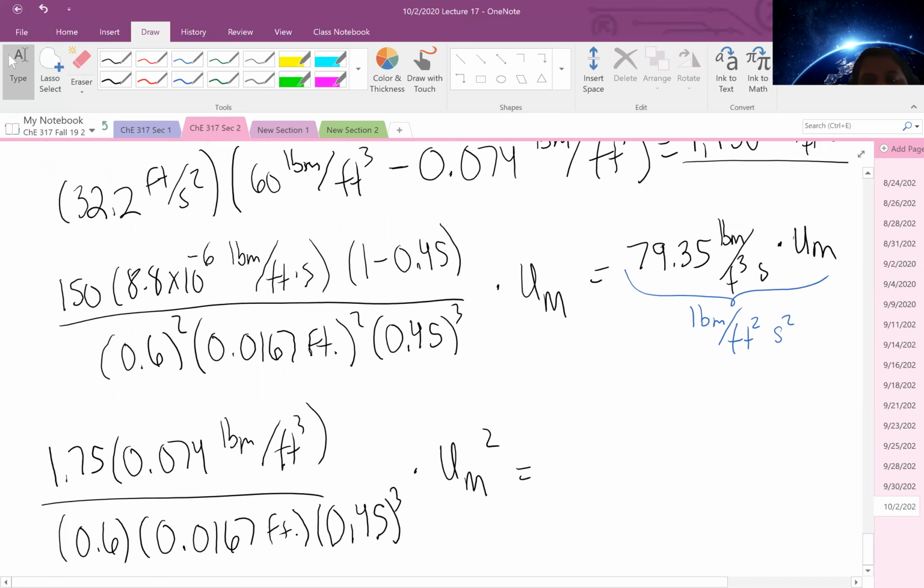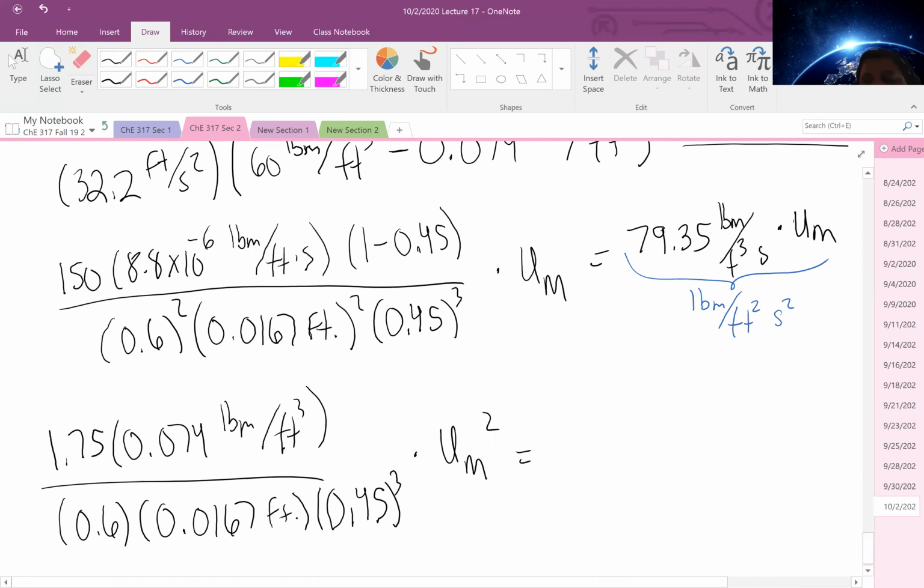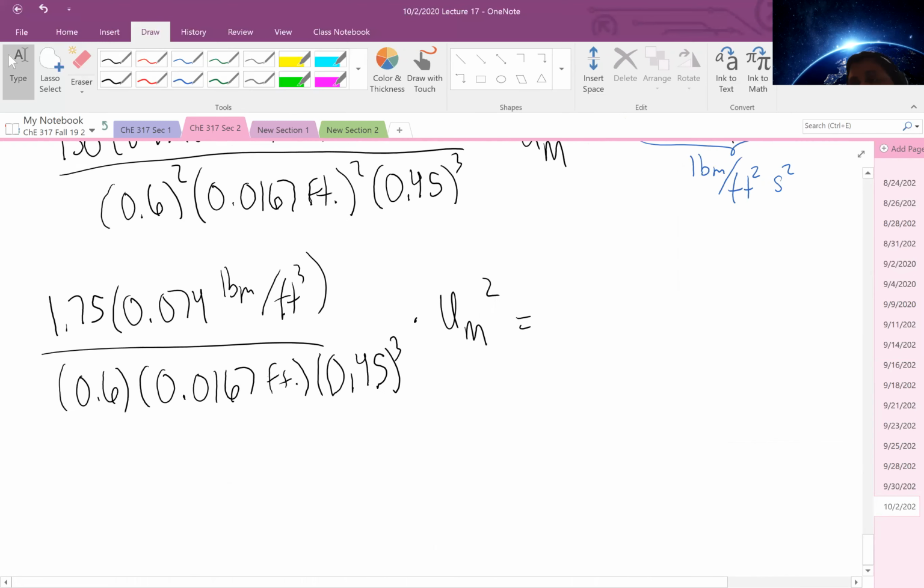We can double check that. Doing this calculation, I ended up with approximately 141.8.